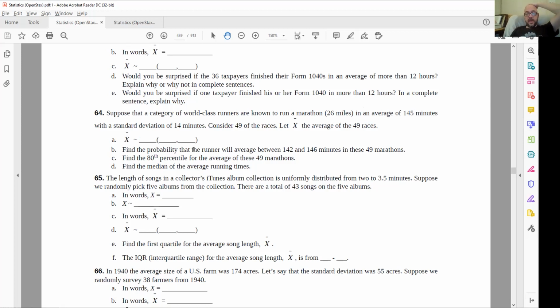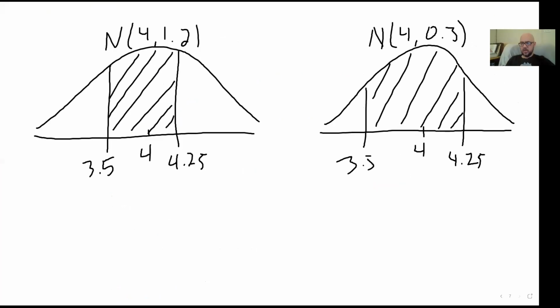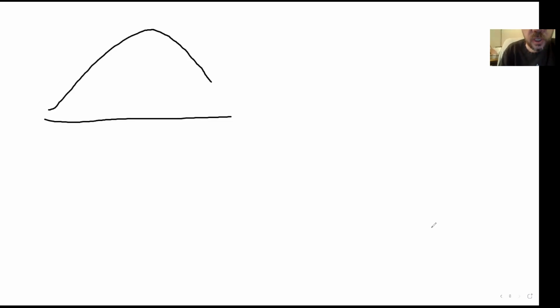Find the probability that the runner, one of the category, anyway, will average between 142 and 146 minutes. So let's draw a picture. Notice I'm only drawing the sampling distribution here, not the original population, because we actually don't know what the original population distribution is.